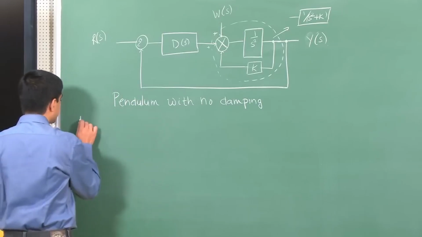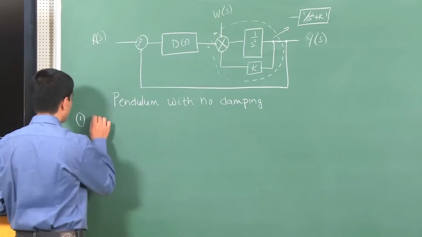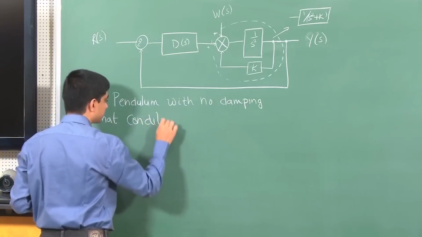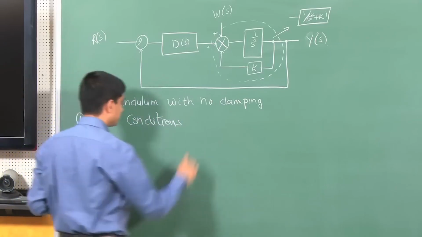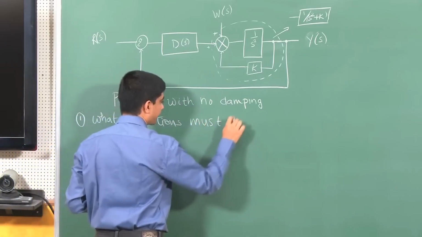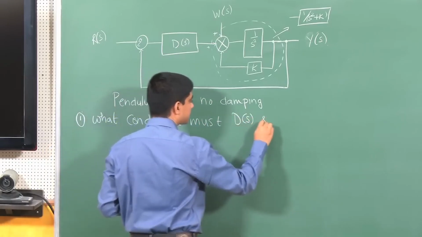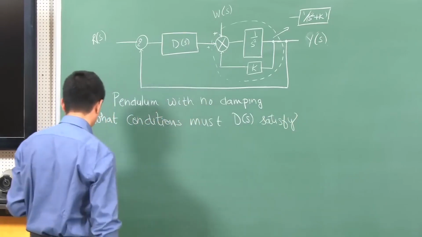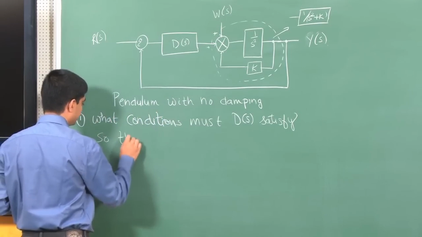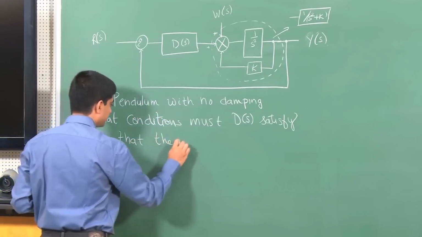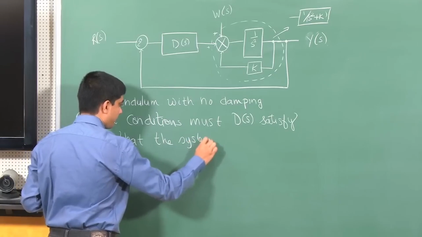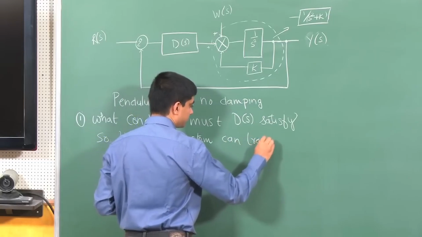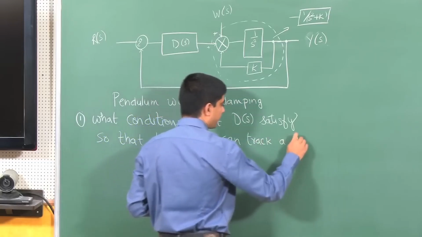Okay, so the first question which we would like to answer is, what conditions must D(s) satisfy so that the system can track a ramp reference?